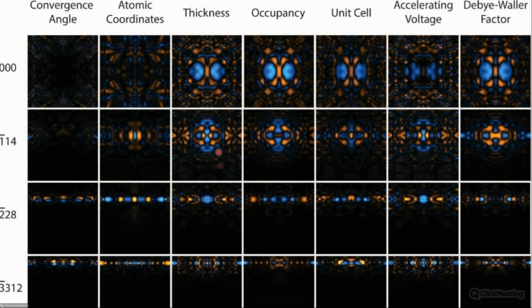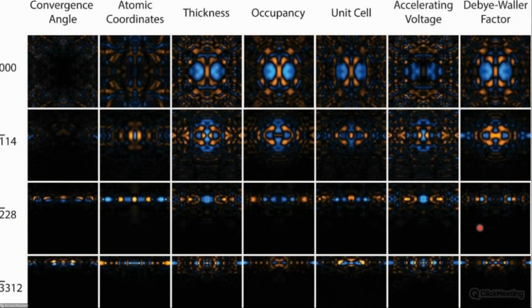But the key thing here is this complicated pattern is actually different to that one. So the changes that they make to the pattern are very different. Here's occupancy. Again, this is different again. Some of them you might look at and say, this one looks very similar to that, but when you get down to other reflections, they look completely different. So it is for all of these different parameters that you can change.